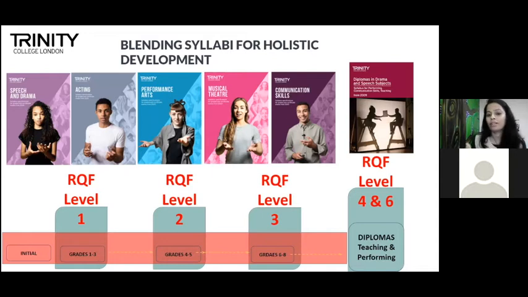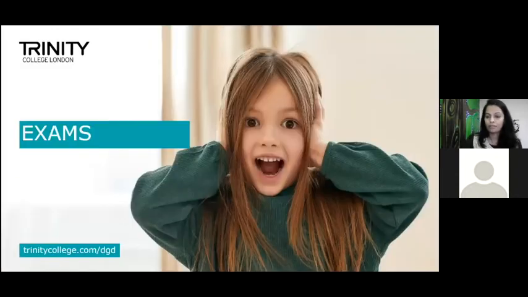Grades 6, 7, and 8 are level 3, and diplomas come under levels 4 and 6. So you have the UCAS points going with all the grades above 6, which you can apply in your admission process if you are going abroad and things like that. So do write to us if you have more questions regarding those things.